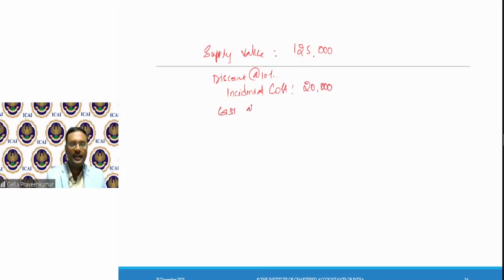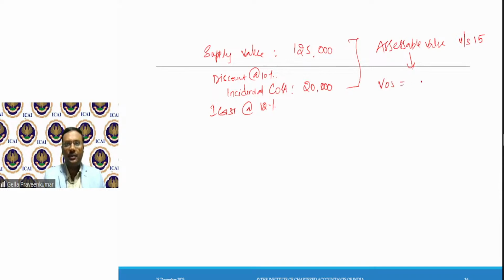GST at the rate of 12%. Let's say IGST. So what we will do? First we will ascertain what is my assessable value or value of supply. This is as per Section 15. For assessable value, what will I do? My value of supply is equal to 1,25,000. That is the value of supply plus incidental cost 20,000.